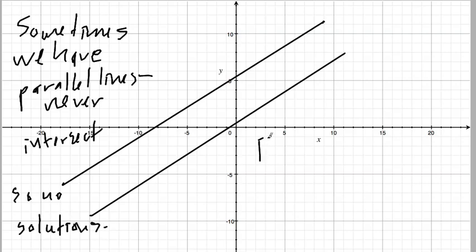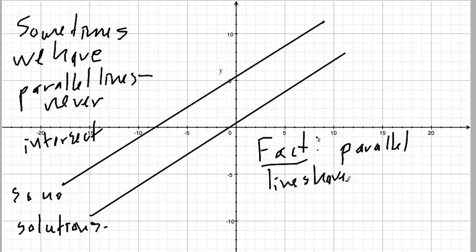And a fact is that parallel lines have the same slope. So that's one way you can tell if two lines are parallel, if they have the same slope.